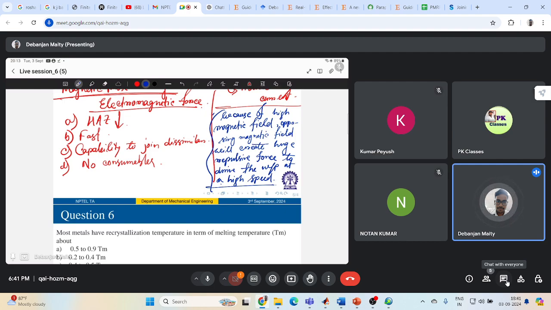There can be some thickness constraints also. This is most effective for relatively thin materials, because if the thickness of the metal increases, effectiveness will decrease, as the magnetic field may not penetrate deeply enough to create the necessary force for welding.